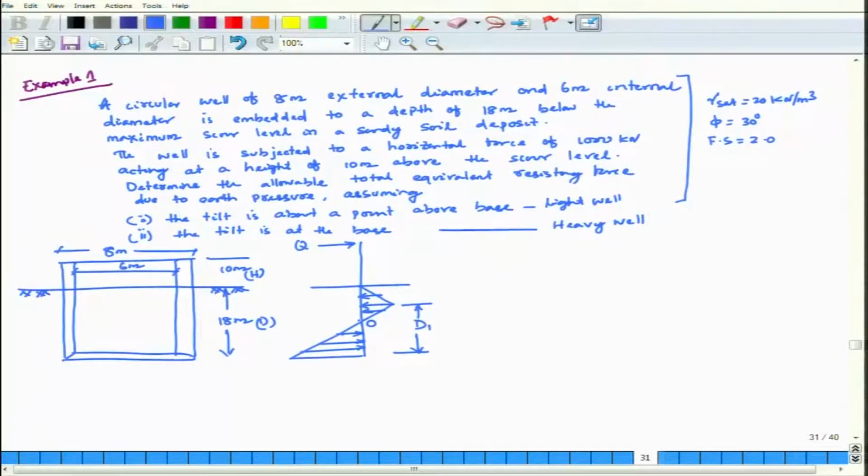That means this is about a point above the base. If this is my base at point O, hence it is a light well. Then the second part is tilt is about the base. I am drawing the earth pressure distribution diagram. This will be Q.